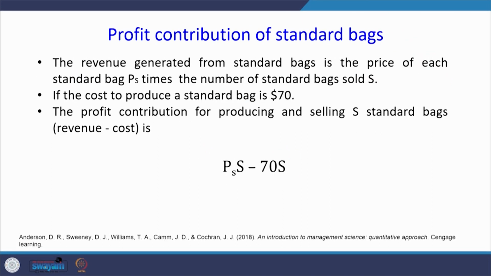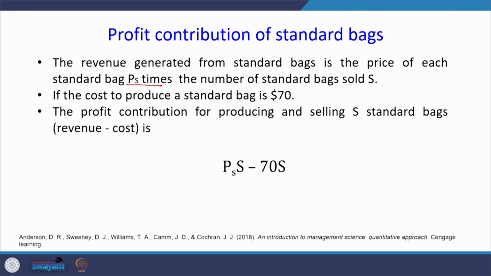Now we are going to find the profit contribution of the standard bag. The revenue generated from the standard bag is the price of each standard bag, PS, times the number of standard bags sold. When you multiply price and the number of bags sold, you get the revenue. From the revenue, when you subtract the cost, you get the profit contribution.